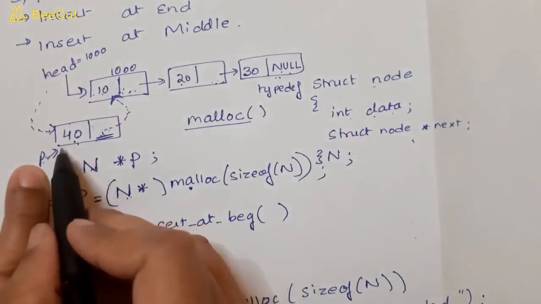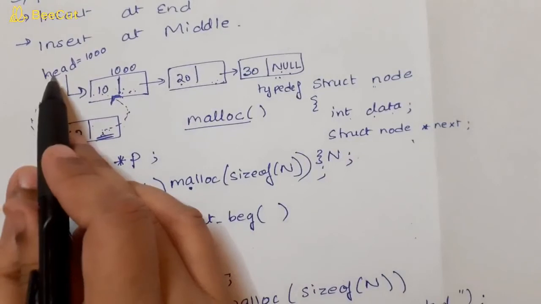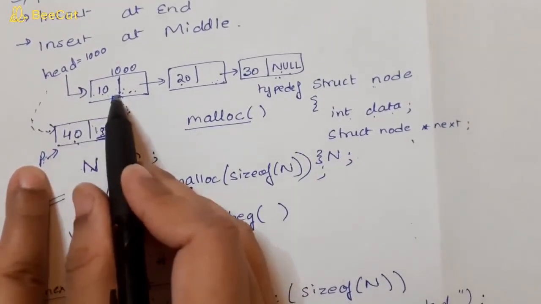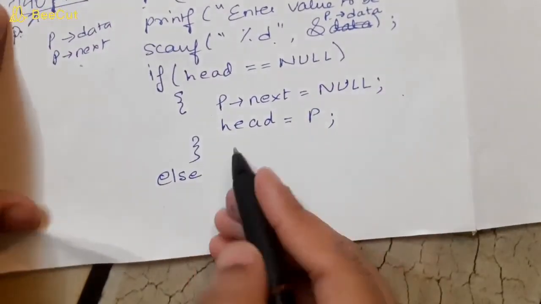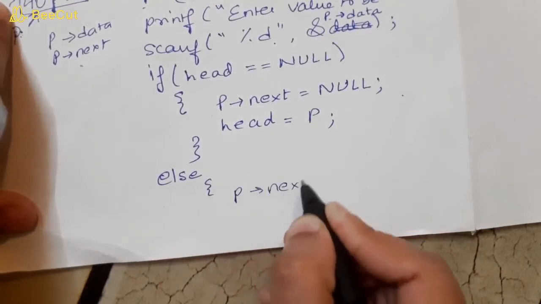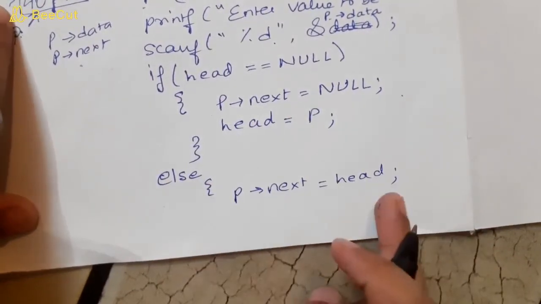So p next will become 1000, and it will automatically point to this node. So that's what we are going to do here: if head is not null, p next will be equal to head. It will point to the first node.